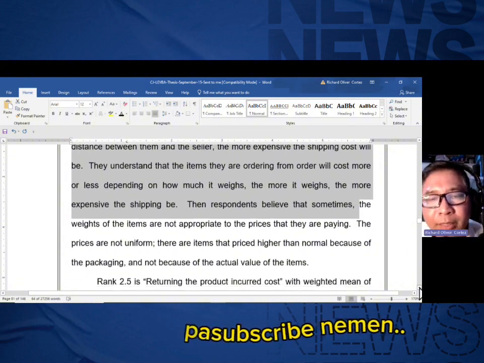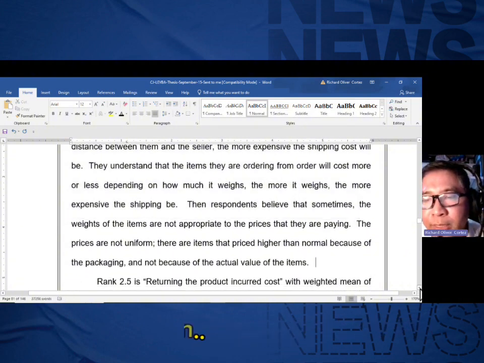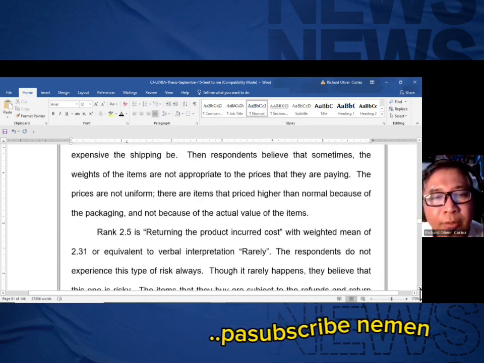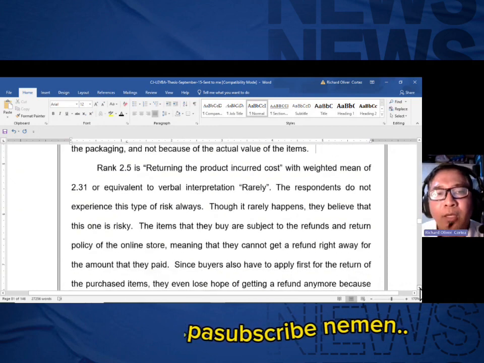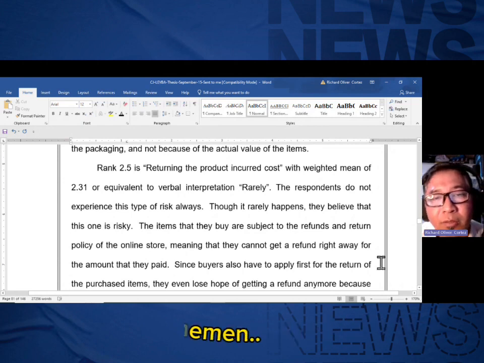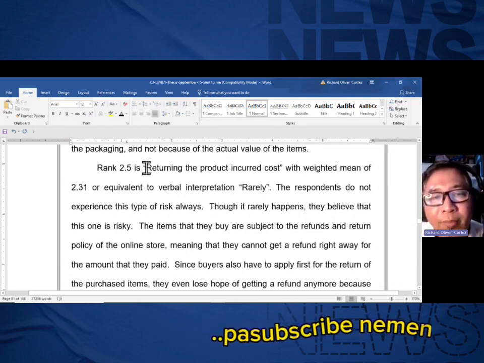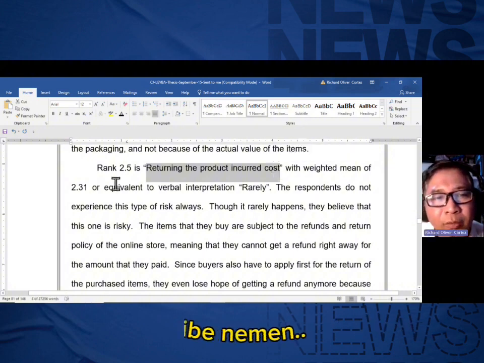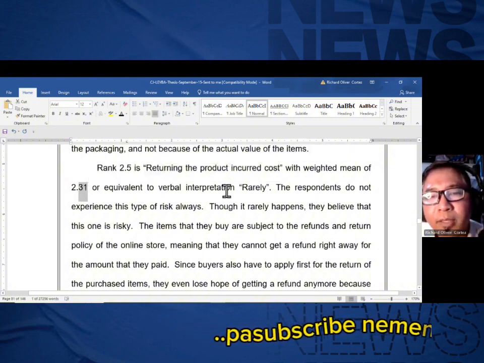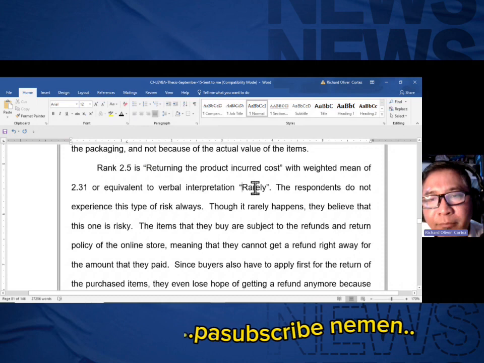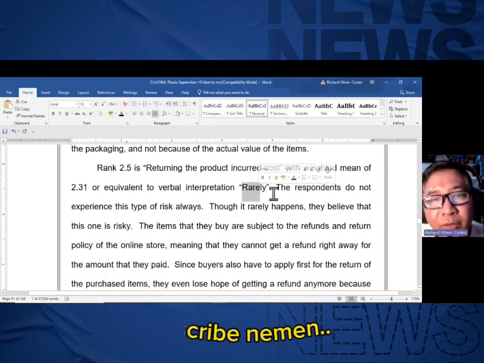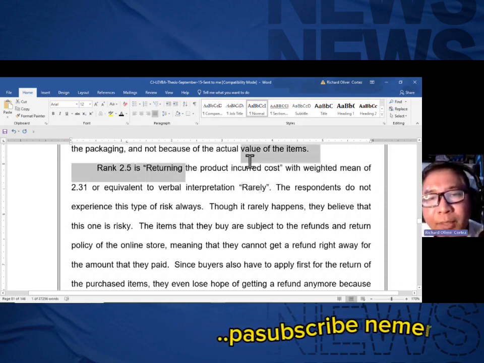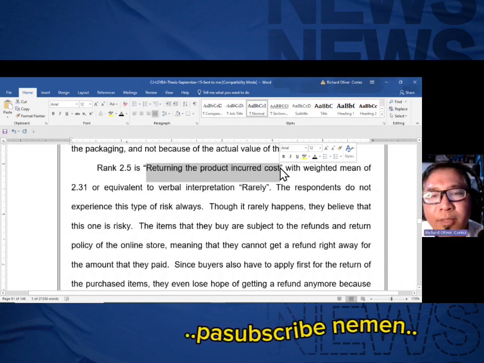Okay, then for the next paragraph, you're going to discuss also yung rank number 2. So, meron tayong dalawang rank 2.5, di ba? So, our rank 2.5 are returning the product incurred cost, weighted mean 2.31, interpreted as rarely. Yan. So, anong reason why returning the product is rank 2.5?